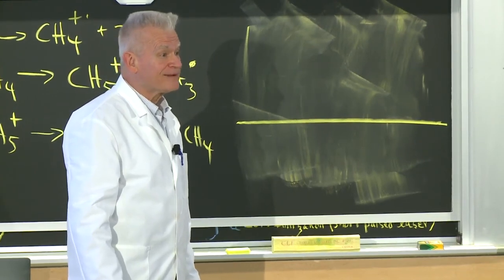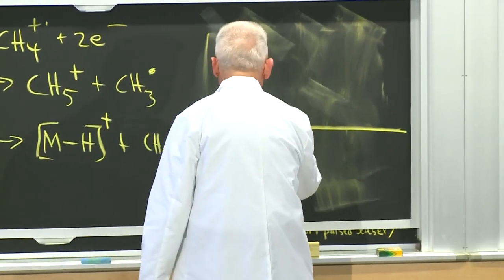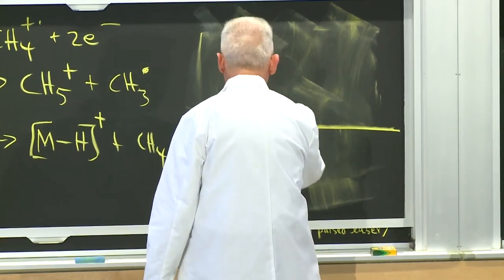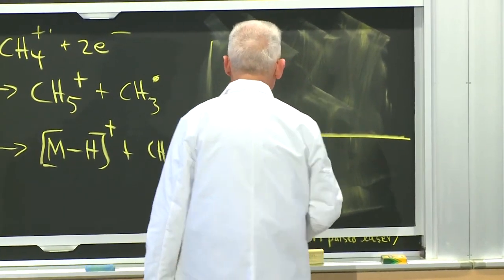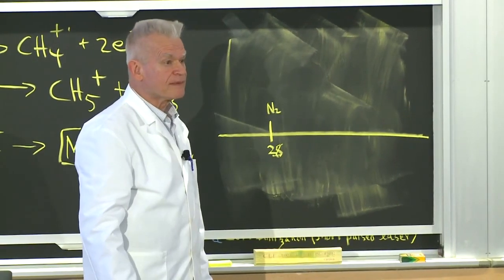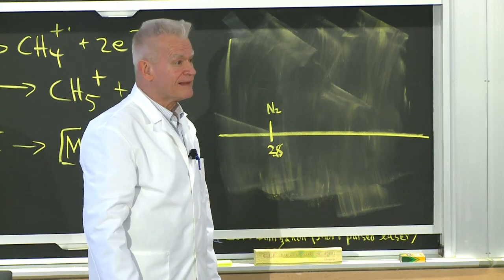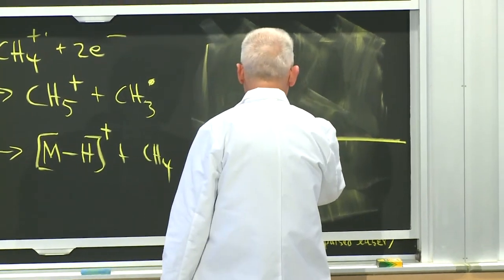Yeah, Noah. A 28, good. So you'd see a 28 here. Yep, what else? 32. Yep, you'd see a 32.